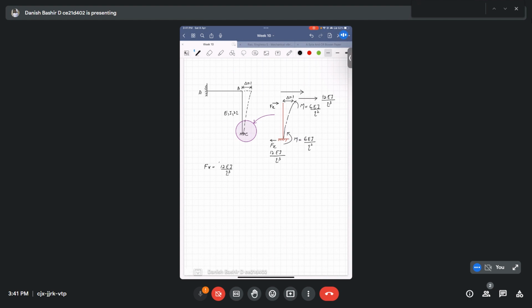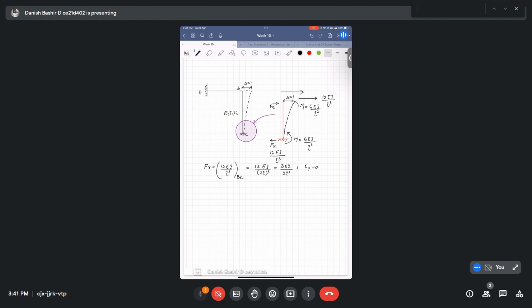So it will be 12 EI by L cube of BC member. Okay, we have to enter the quantities corresponding to BC member. 12, E is same, I is same, L cube is (2L) whole cube. This will be equal to 3EI by 2L cube. And the other thing that gets developed at that point is Fy equal to 0.